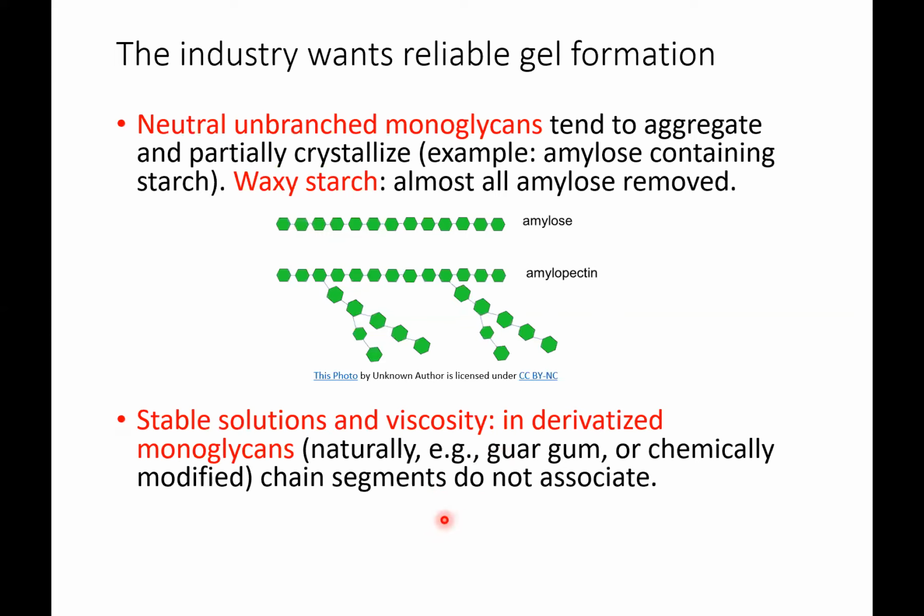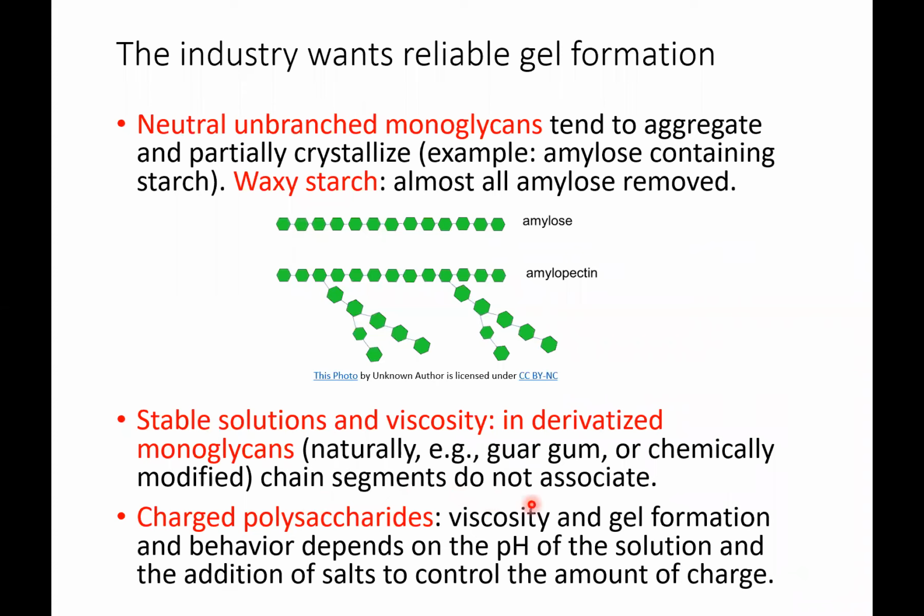They say, okay, fine, we can also maybe deal with derivatized glucans better. Some come with other functional groups than the OH group naturally, but we can also do it chemically. And then we know what we are dealing with, and we know what kind of gel formation we have.